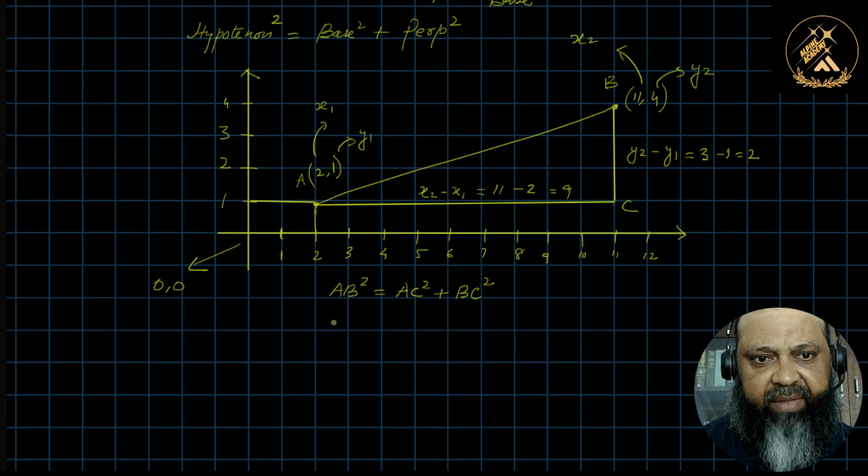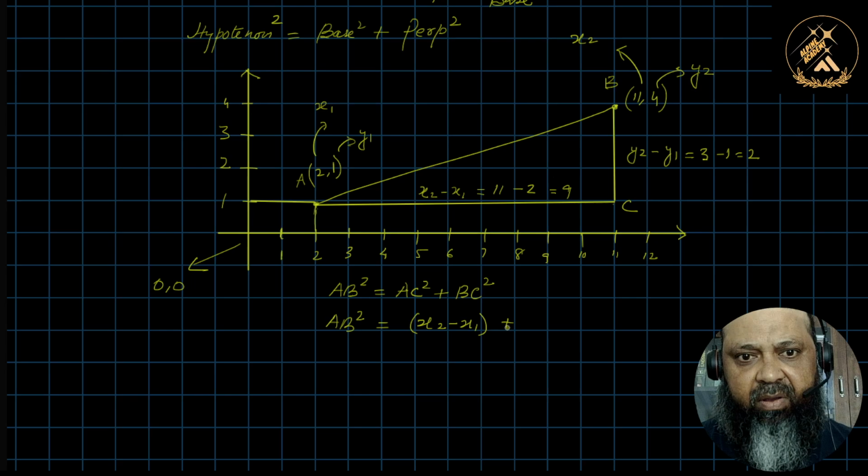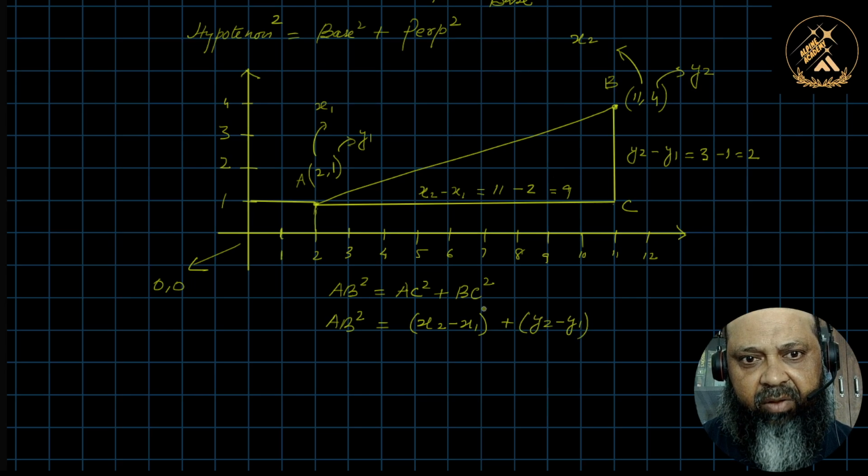Now I'll keep the values over here. So AB square is equal to AC square, which I can find out by x2 minus x1, and BC square I can find out by y2 minus y1, whole square of both of them.